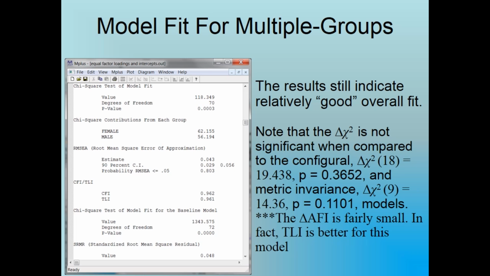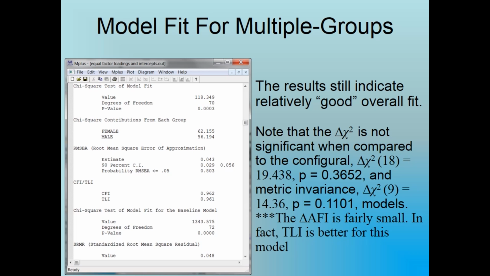So essentially what you're really doing is testing, at each stage, what's the change in chi-square. This is useful when you want to test things in stages. So basically, what's the change in chi-square from the configural invariance to the factor loading invariance model, to the factor loading and intercept invariance model.